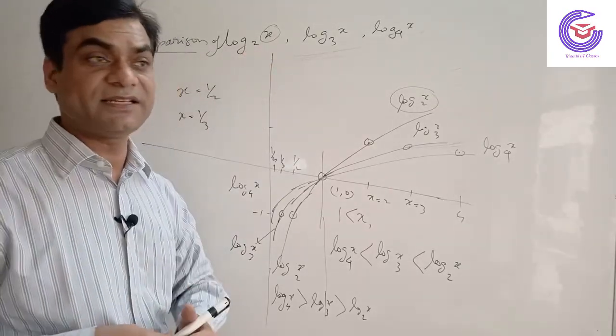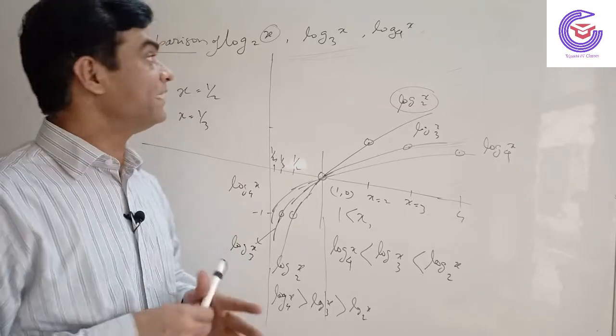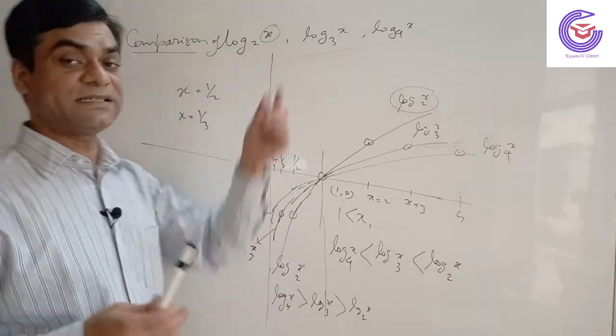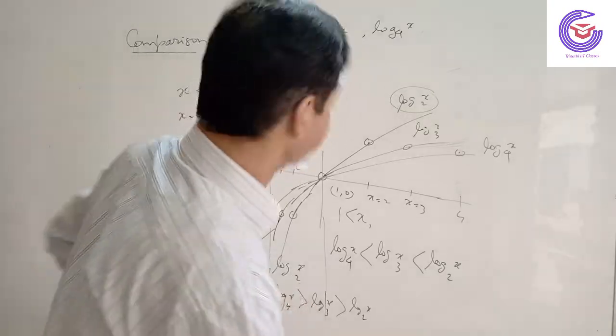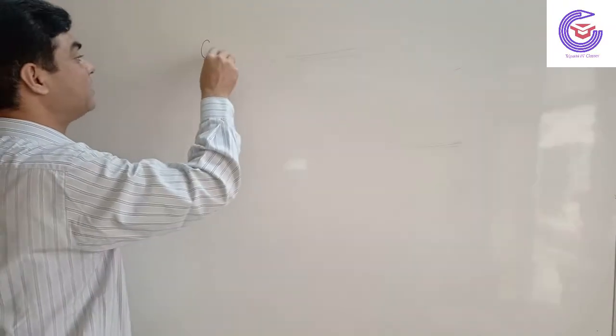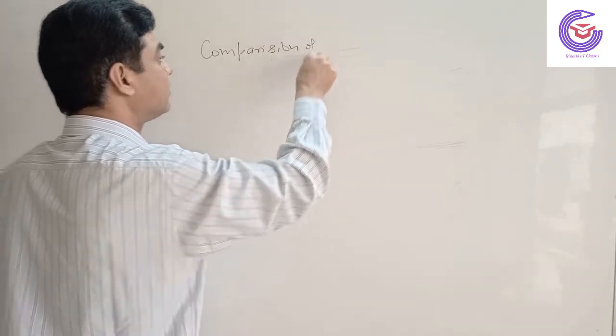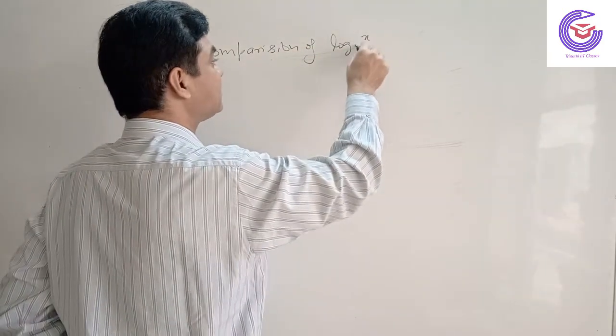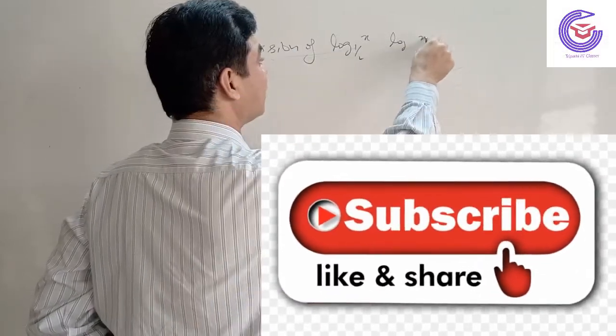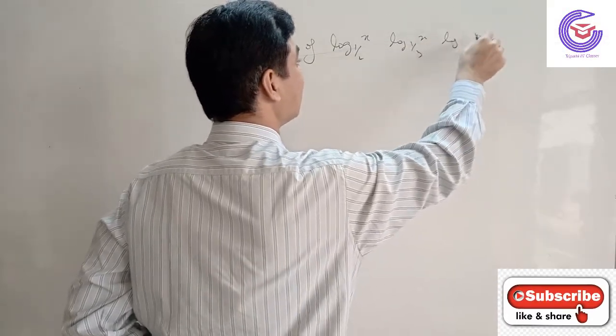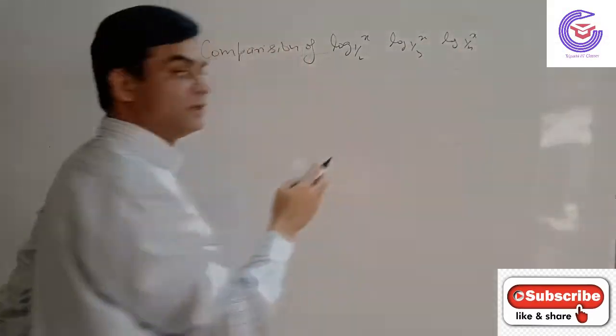In the second part, let's discuss the comparison when the base is less than 1. So the comparison of log x base 1/2, log x base 1/3, log x base 1/4.